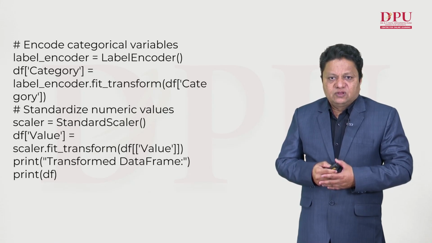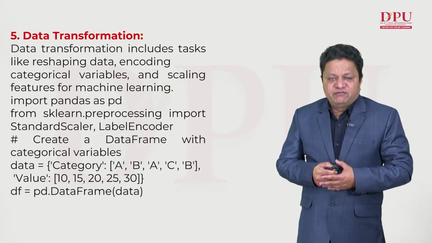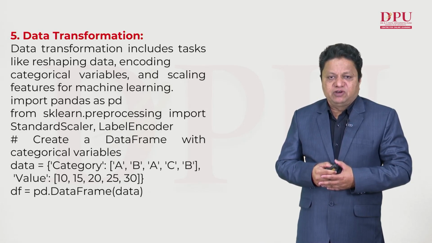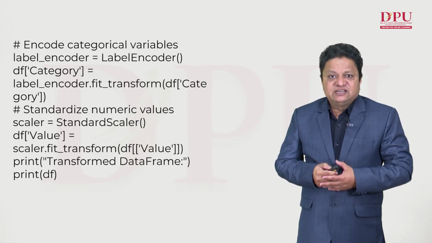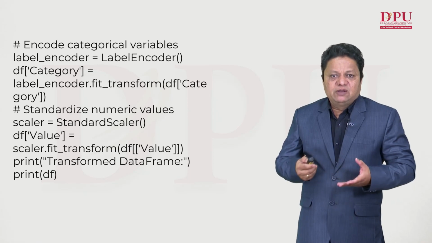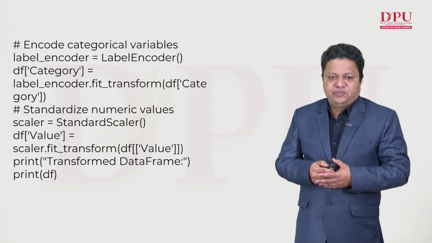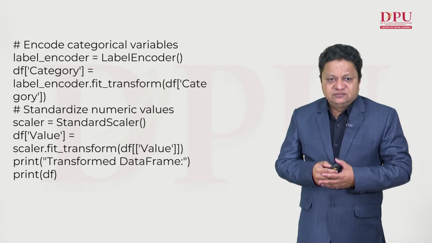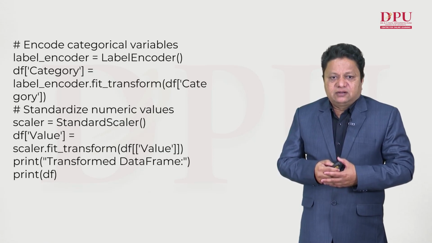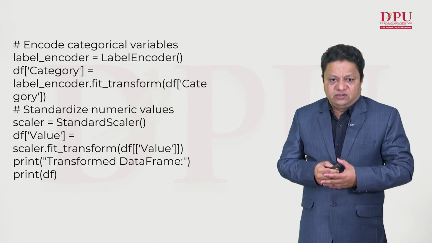So now the numbers which I have given as values for the key value, that is 10, 15, 20, 25 and 30, are standardized once this statement is executed. With the help of the print function, I am printing the data which I have standardized and the categories that I have encoded.